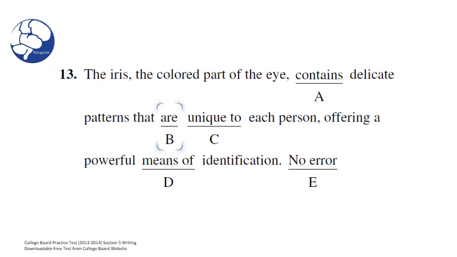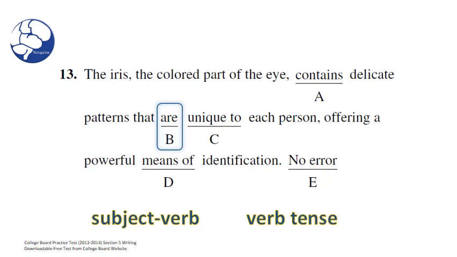Let's look at B, are. The iris, the colored part of the eye, contains delicate patterns that are unique to each person. We have another verb here. So, would I be correct to assume that we're going to check for subject-verb again? Absolutely. And possibly verb tense? You bet. Again, guys, the points at the bottom are there for your convenience.